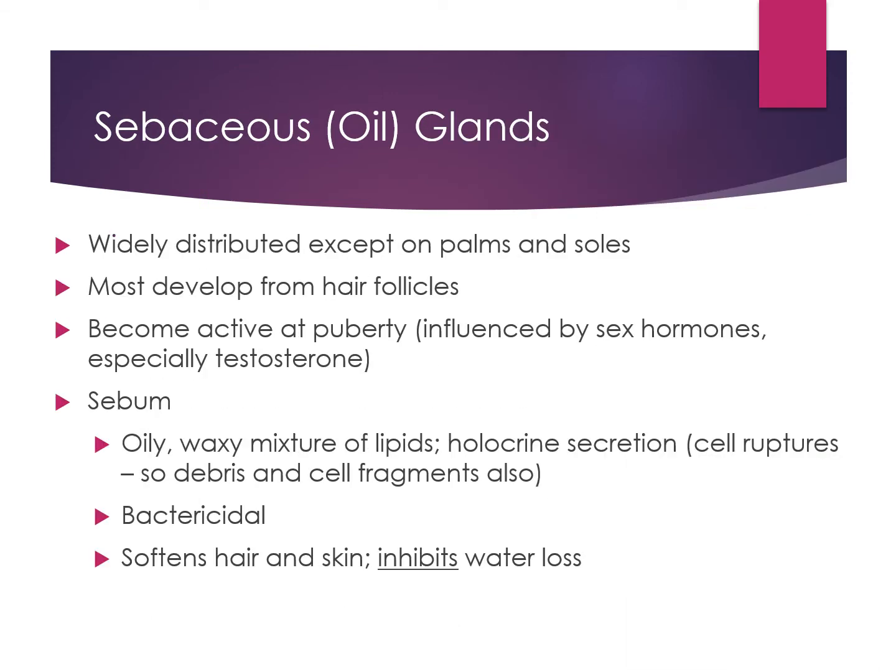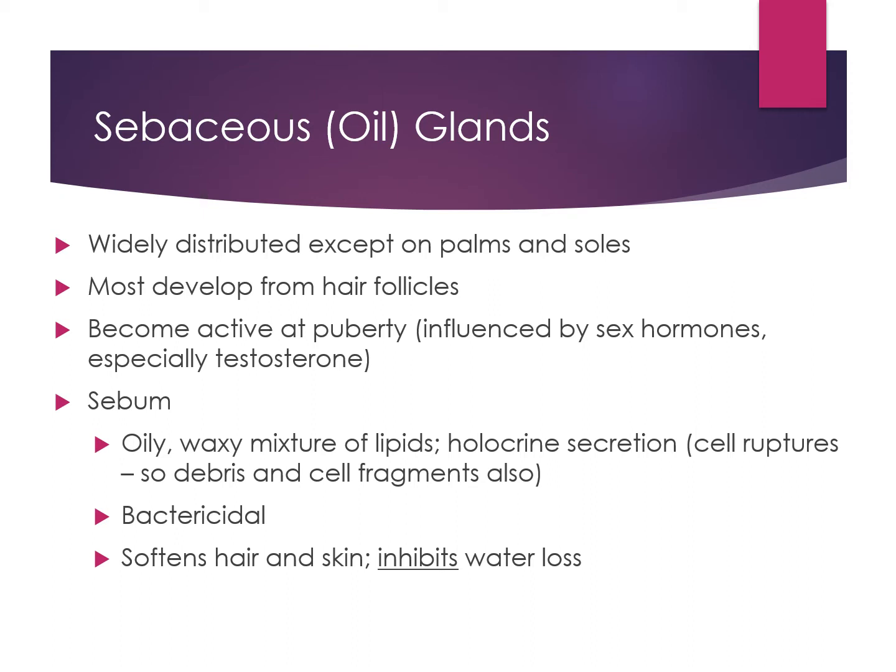The sebaceous glands are widely distributed throughout the skin, except on the palms of the hands and the soles of the feet. Most of these glands develop from hair follicles and become active at puberty under the influence of sex hormones like testosterone. These glands secrete sebum.